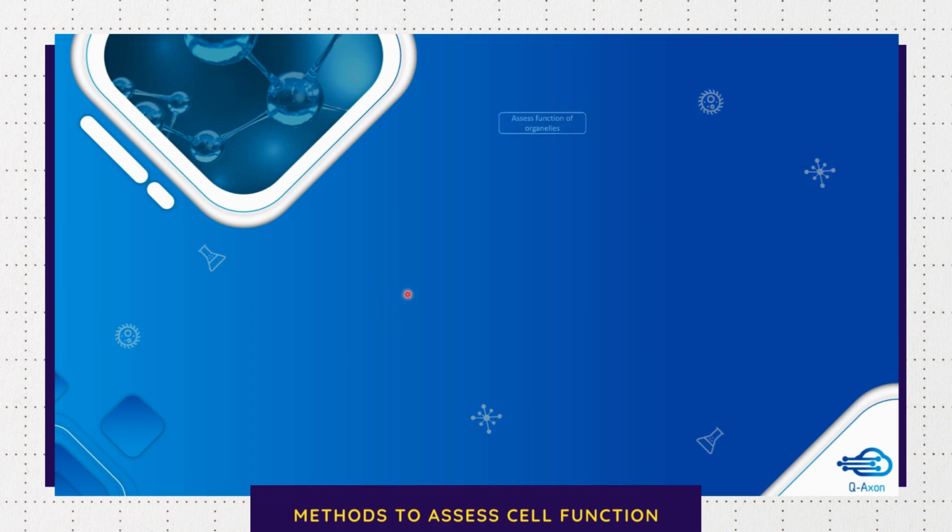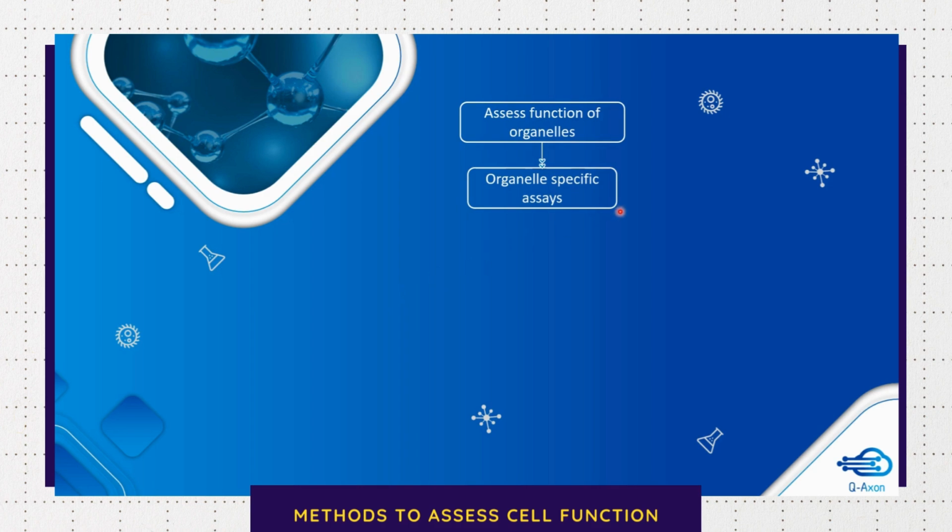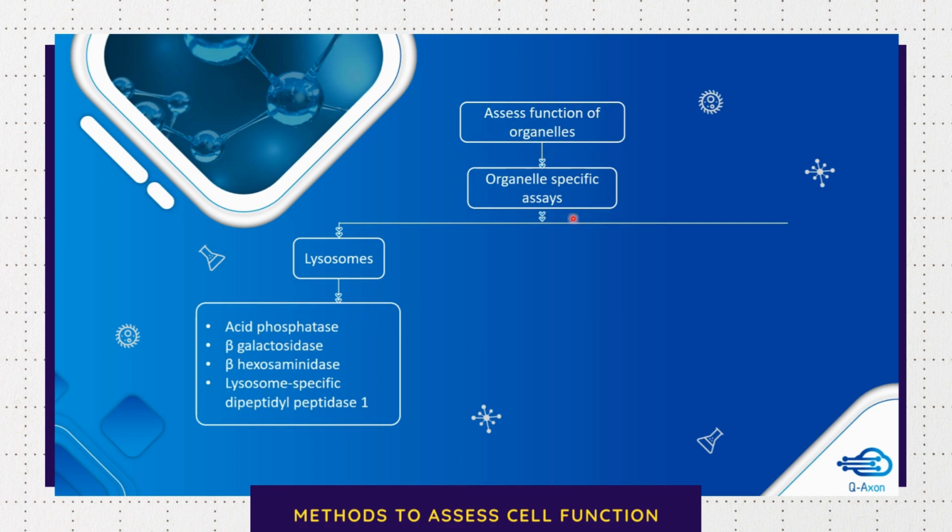Similarly, we can assess function of various other organelles. So there are organelle specific assays based on the enzymes which are present in various organelles. So for lysosomes, we can use the identification of these enzymes like acid phosphatase, beta galactosidase, beta hexosaminidase, lysosome specific dipeptidyl peptidase 1.